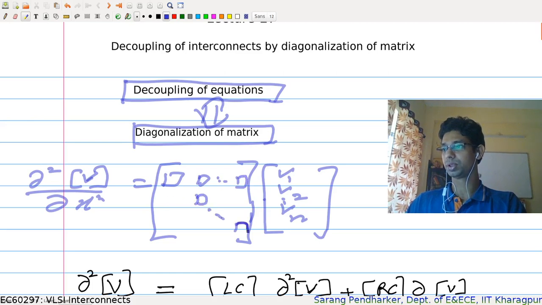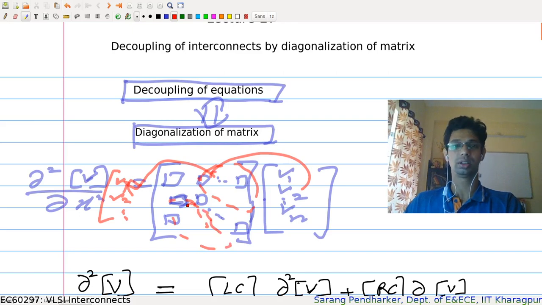All these non-diagonal terms, P1,2 and so on, would be contributing to the coupling. These non-diagonal terms are my coupling terms.